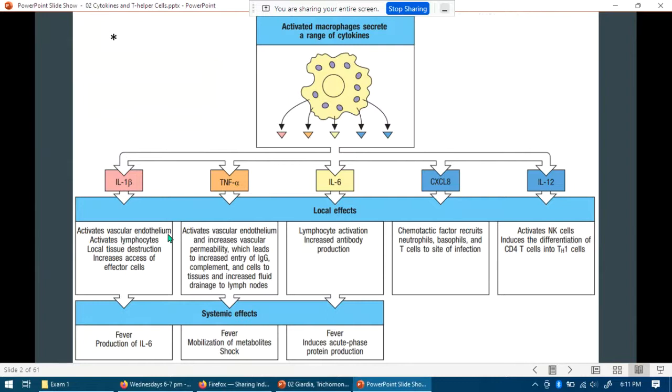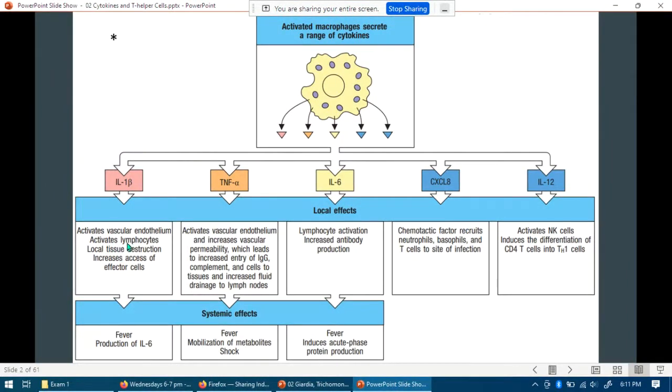It activates vascular endothelial cells. It causes them to make more adhesion molecules and to contract so that there is an increased gap size between the endothelial cells. It activates lymphocytes, mostly T cells. T cells are activated by IL-1. Okay, it helps co-stimulate T cells.